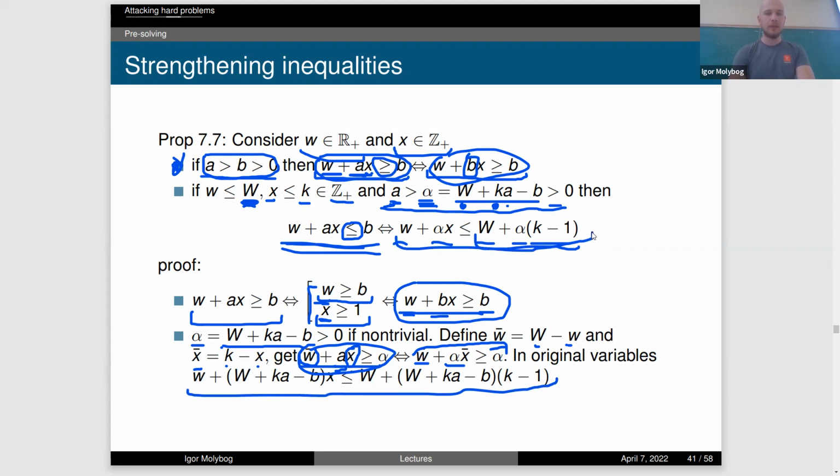And now the thing that we still need to think about is why do we think that this inequality on the left hand side is true? The chain that we have constructed is that if this inequality is true, then this inequality is true, and then this inequality is true. Moreover, all these inequalities are equivalent.